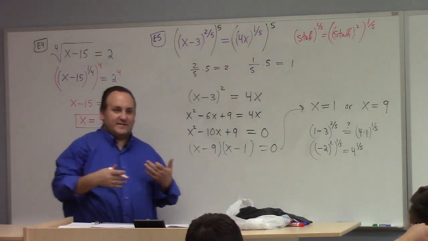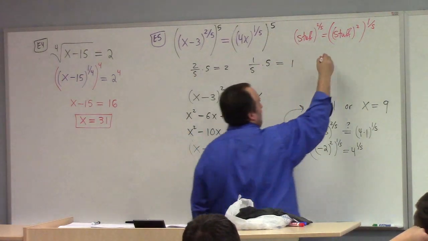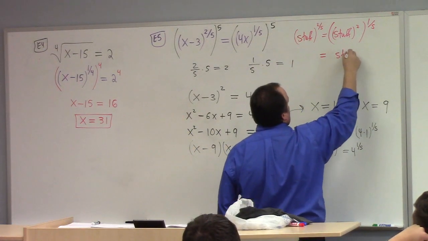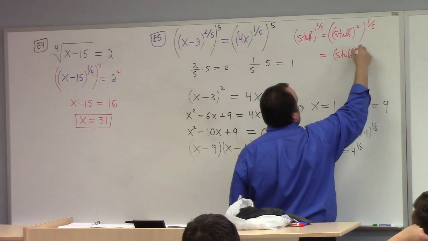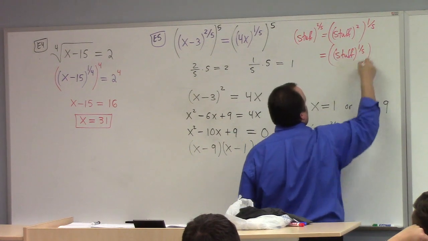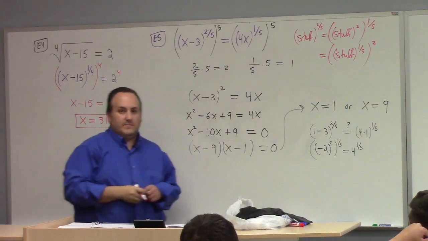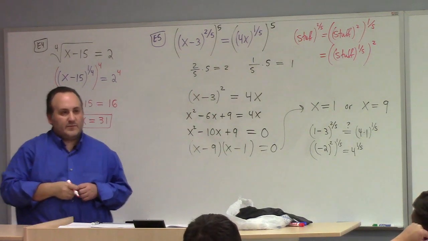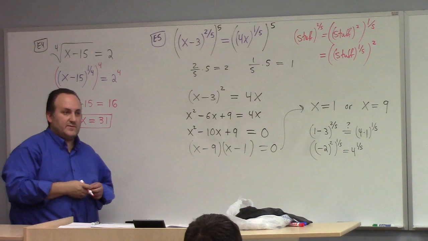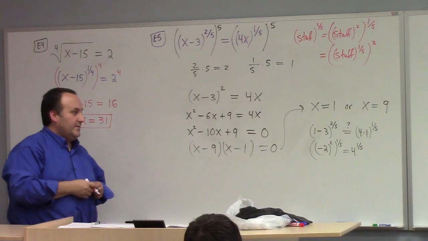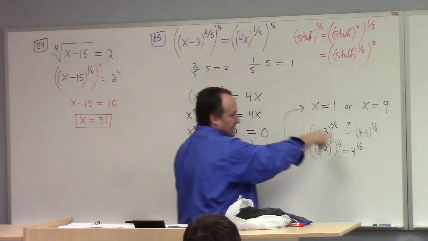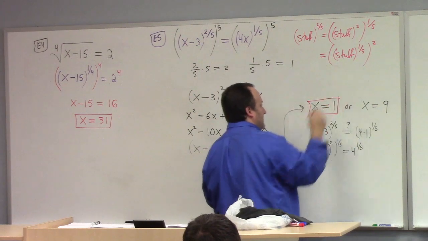Alternatively, and usually much less usefully, you could also think about it as stuff to the 1/5 power squared. You can go either way. It depends on what you're simplifying, which move is useful. But anyway, this checks as a solution.